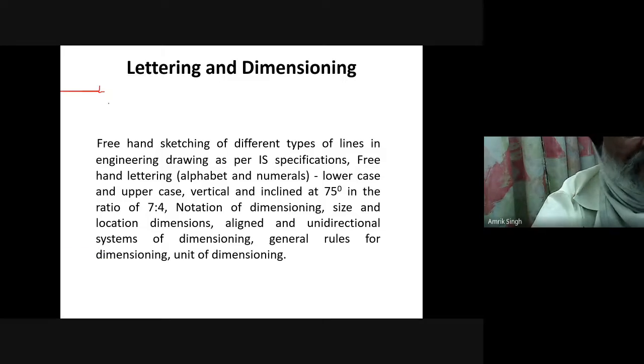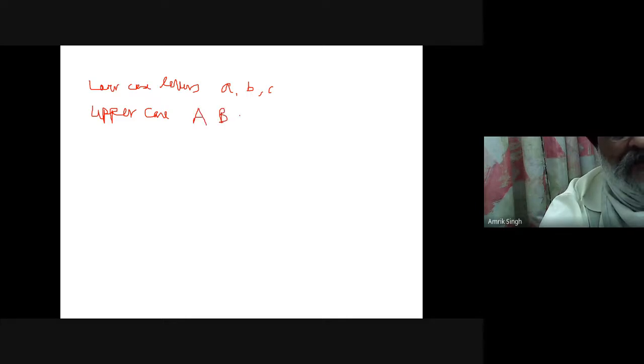Small letters a, b, are known as lowercase letters. Uppercase letters are A, B, C like that.